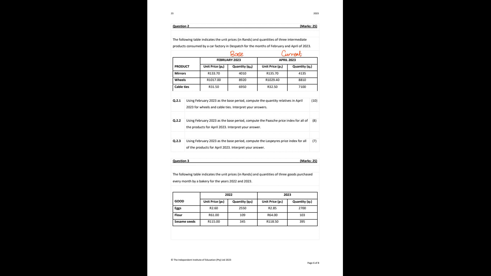April is the latter, so it would be the current. So that would make the price and quantity for the base period P0 and Q0. For the current period, it would be P1 and Q1. So they've given you that, which is quite easy then.